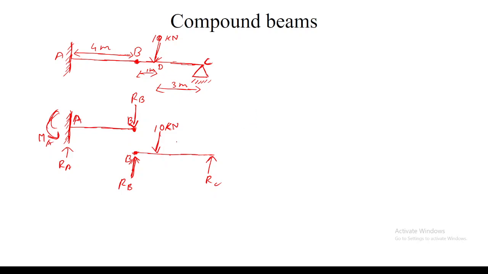So what I will do is, this is 1 m, this is 3 m. From the summation of F equals 0, you get 10 kilonewtons equals RB plus RC. And if I take the summation of moments about B equals 0, RC into 4 equals 10 into 1.